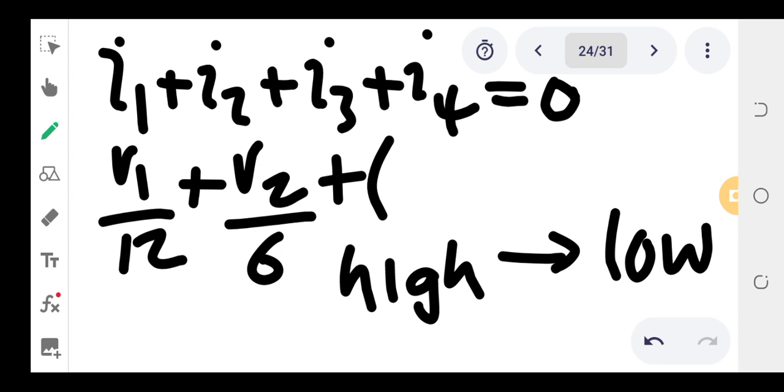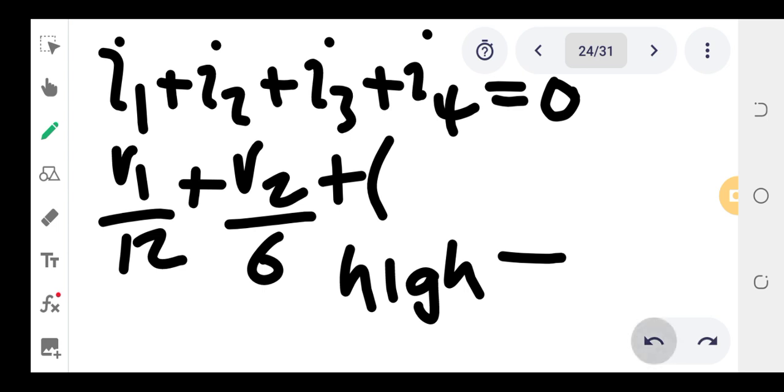So we subtract the voltage at low potential from the voltage at higher potential, and then divide by the resistance, according to Ohm's law.